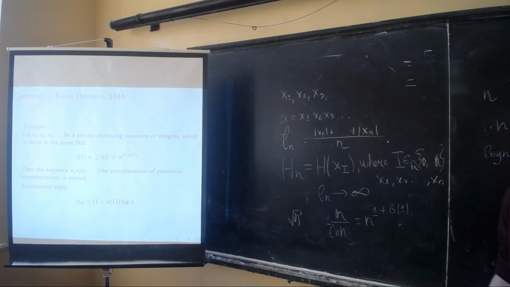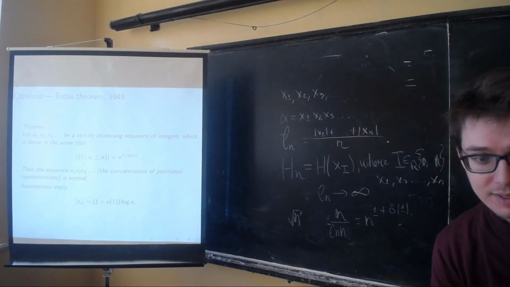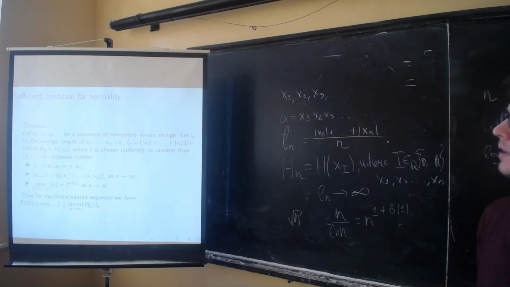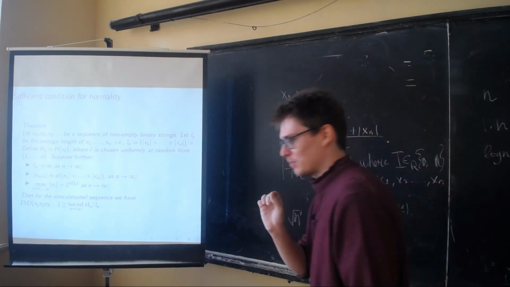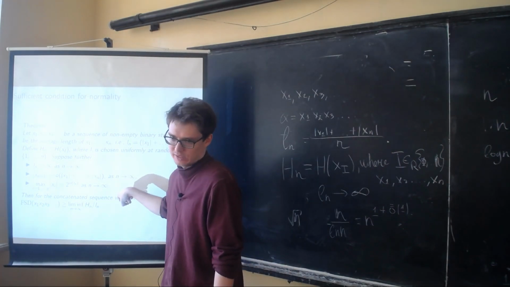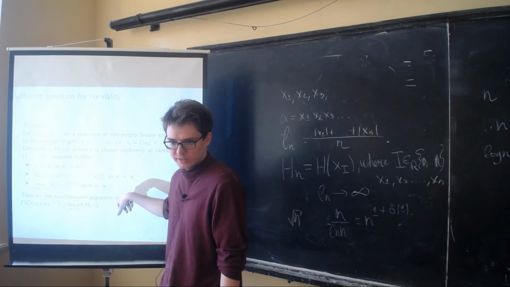Okay, so now the complement Erdős theorem is proved. Why is it proved? It's not easy to understand because the assumptions are on the previous slide. So remember the most important assumption, that entropy over Ln should tend to 1.